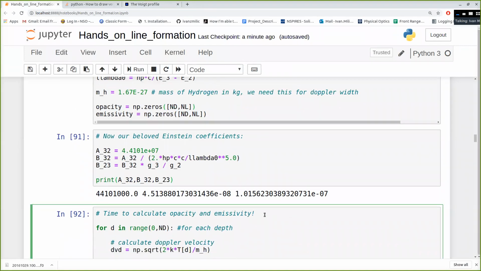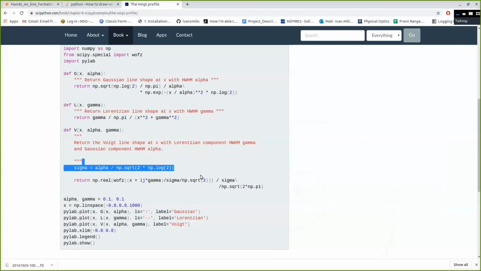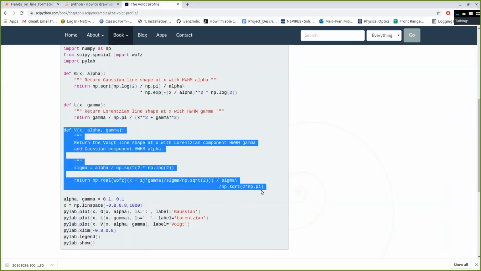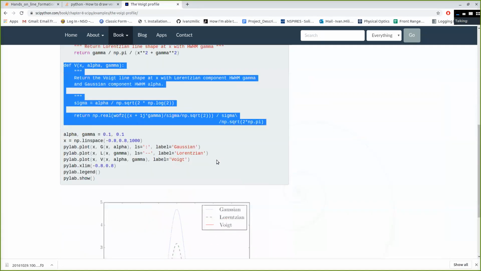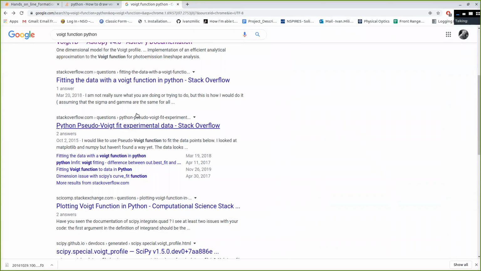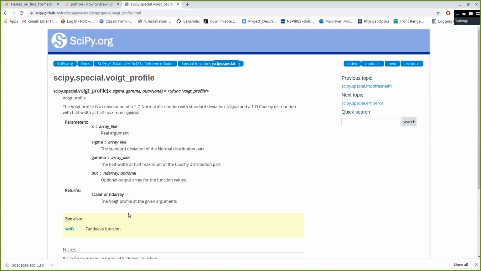Voigt is one of the special functions, and there are many ways to calculate that. I'm gonna use this one here.